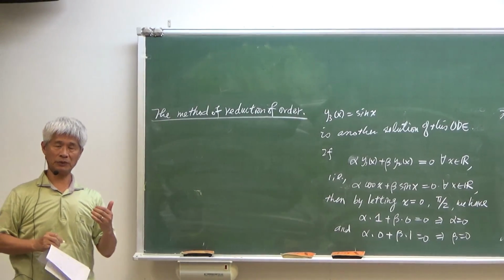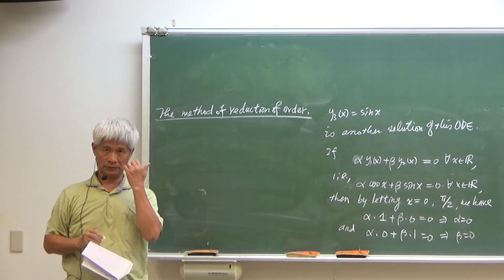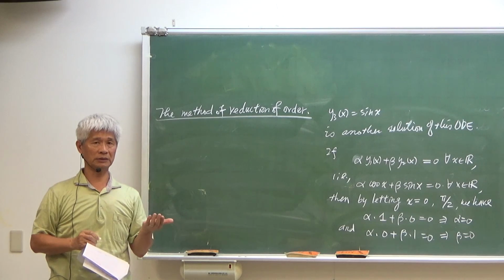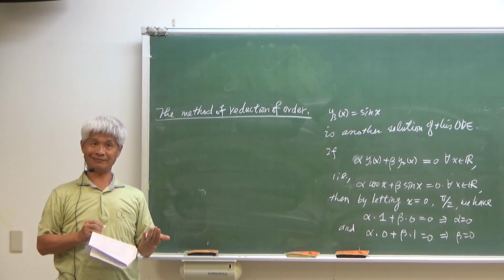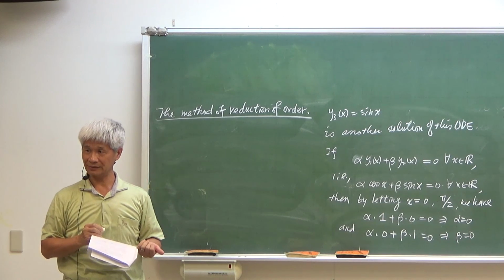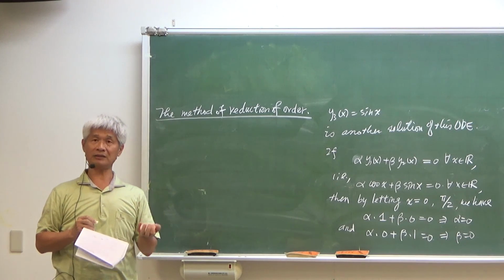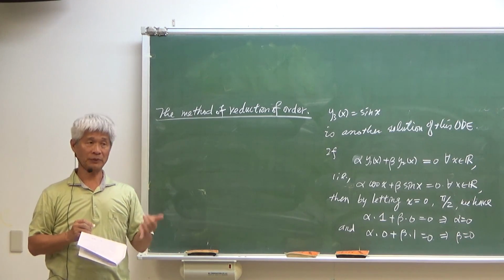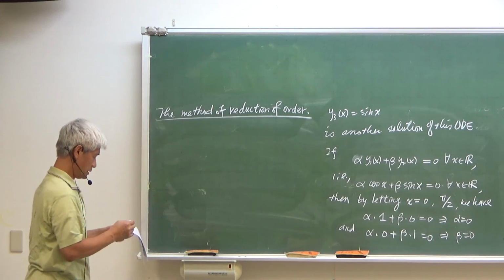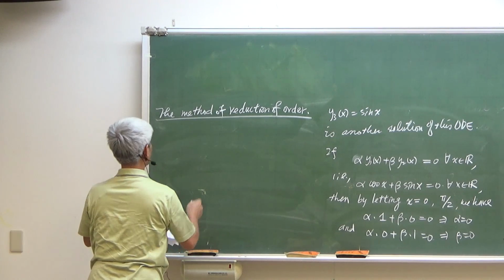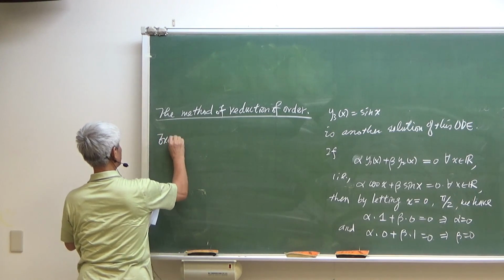The meaning is that we will transform a second order ODE to a first order ODE, so we have order reduction. We learned a lot of techniques in chapter 1 to solve first order ODE. This is the main idea. Let's take an example first.